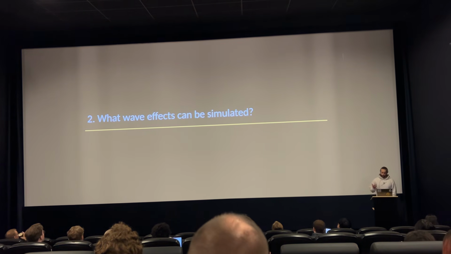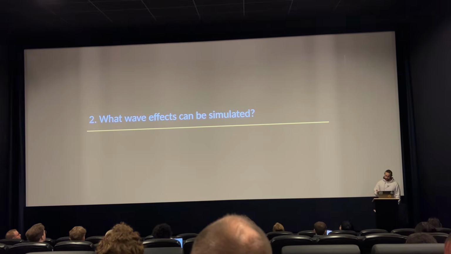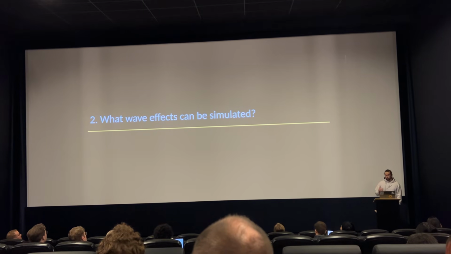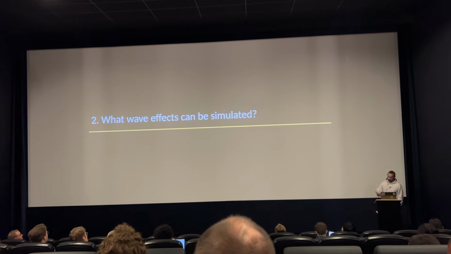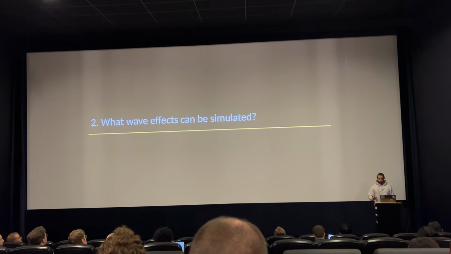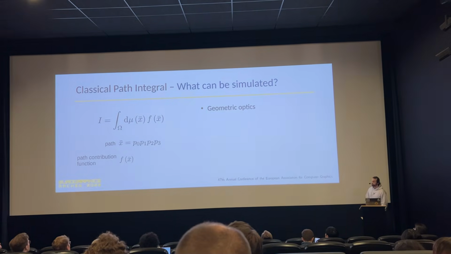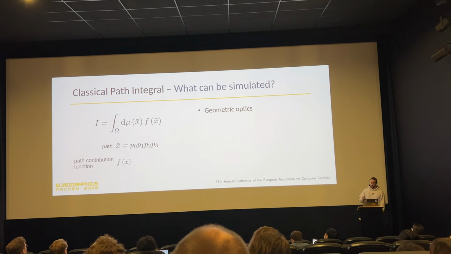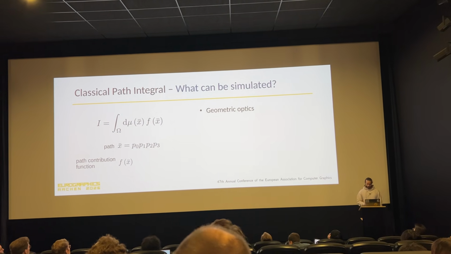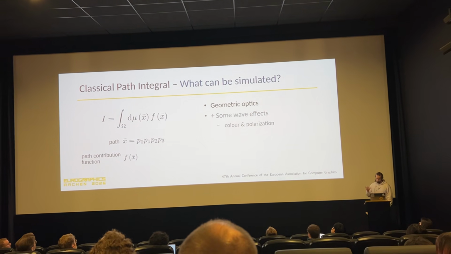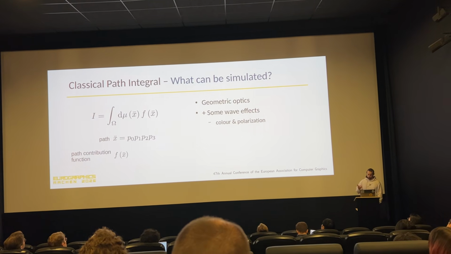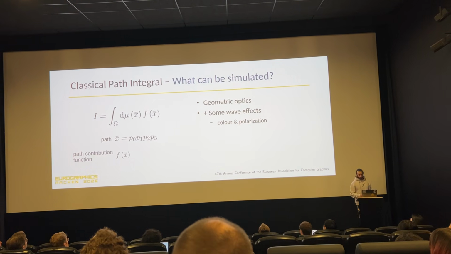Okay, so knowing which properties we wish to preserve, the second question before we generalize is what actually can be simulated using the classical formulation. It is insightful as it would guide how we generalize. With little detail, I will mention that classical path tracing may reproduce some particular wave effects beyond geometric optics with good generality.